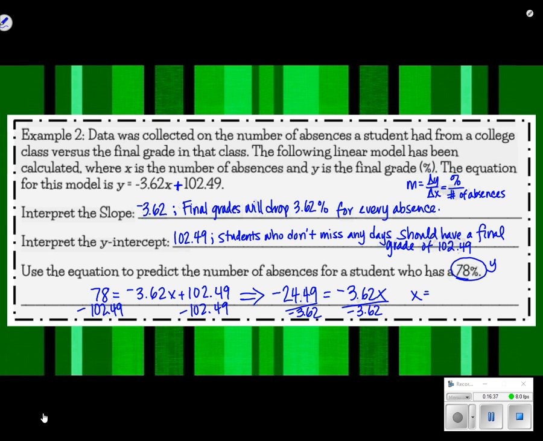And so x equals 6.77, so roughly 7 days. So they probably had about 7 days that they were absent, 6 to 7.